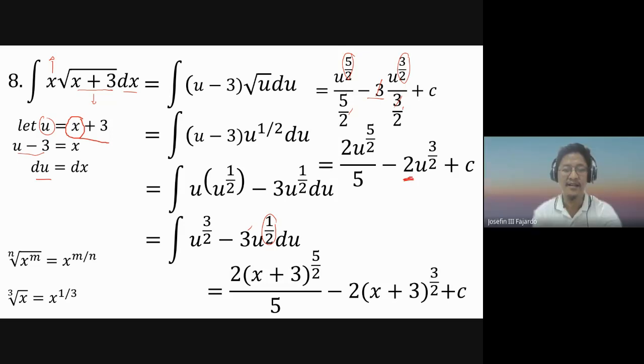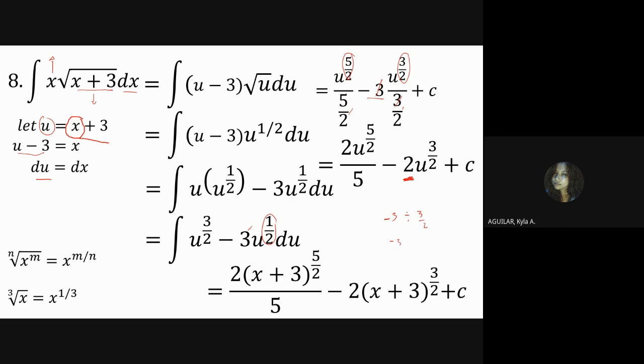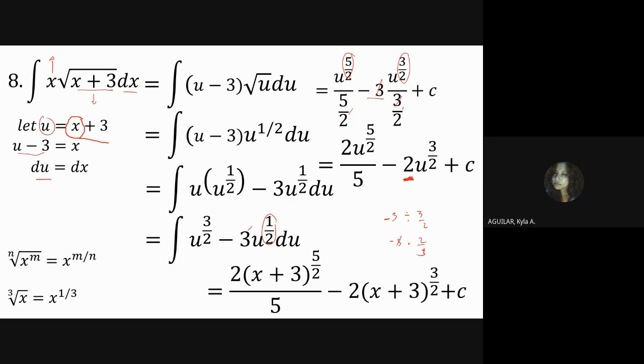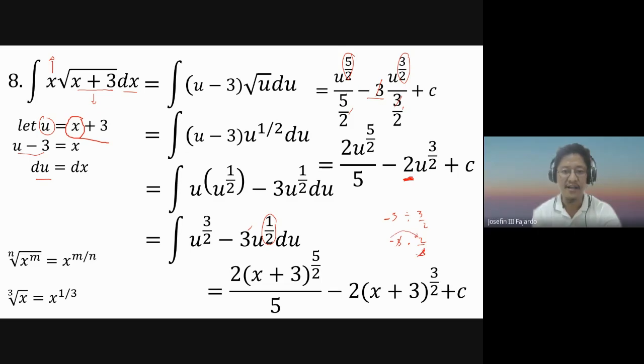Yung final answer po. Ito ba? Okay, again, parang negative 3, tapos dinivide mo ito ng 3/2. So, negative 3 times 2/3 yan, di ba? So, makancel si 3, kaya natira na lang negative 2. Sige po. Thank you, sir.